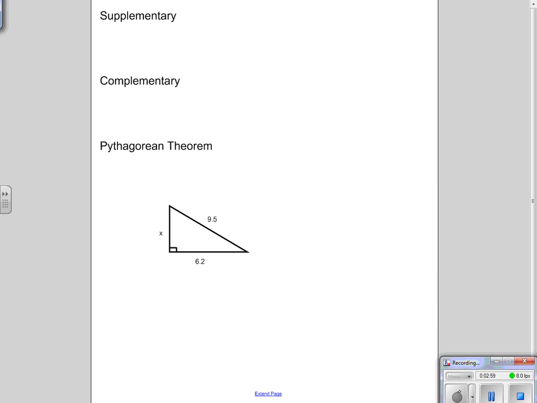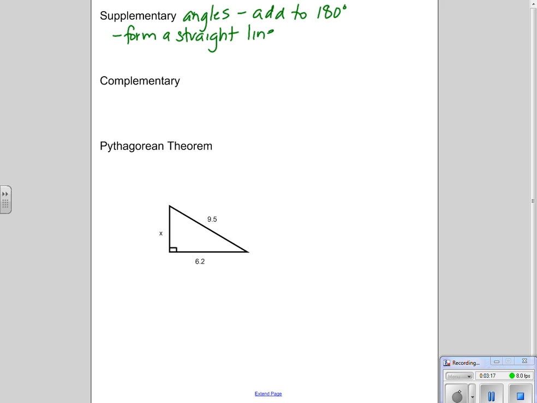Some words that we use from time to time: supplementary angles are angles that add to 180. In other words, they form a straight line. So angles A and B are supplementary angles.